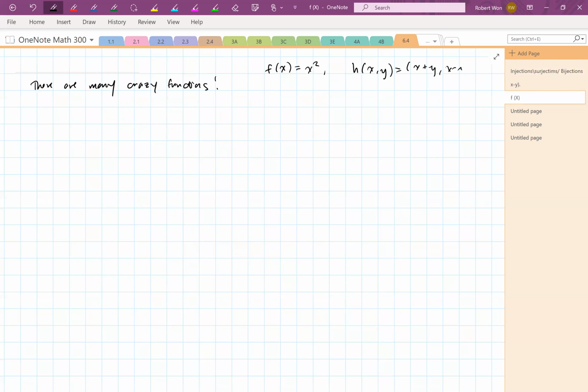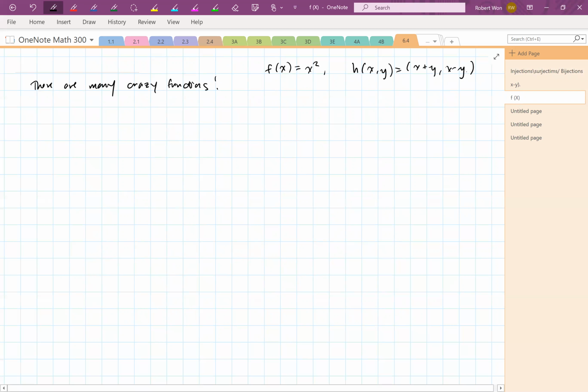One word of warning, though, is that there are many crazy functions in the world. Really crazy functions. Everybody is used to thinking about f(x) equals x squared, maybe even h(x, y) equals (x plus y, x minus y).